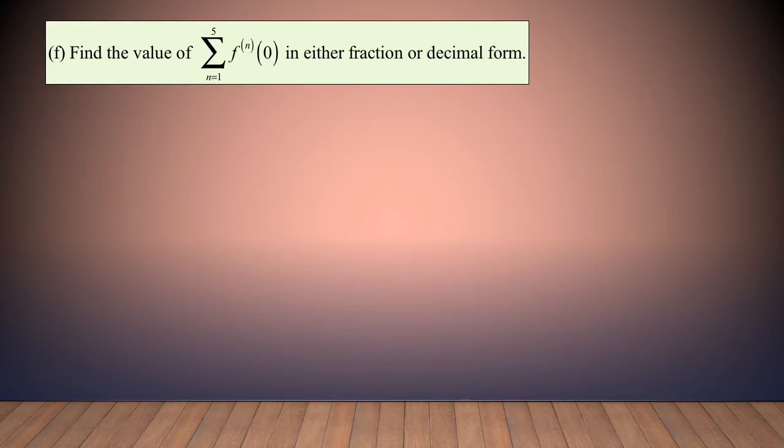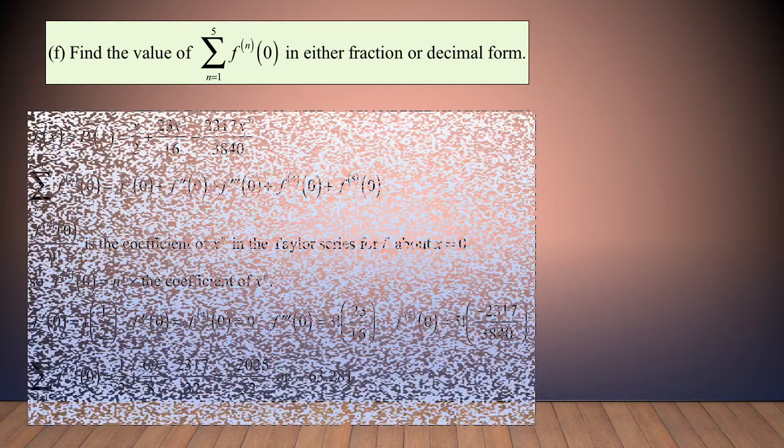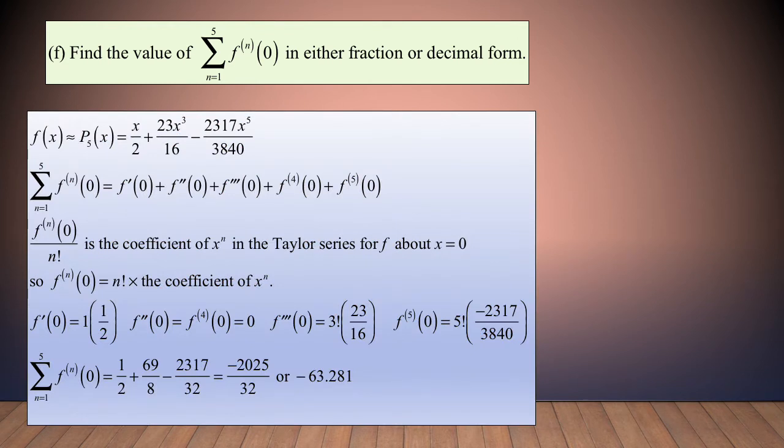F reads, find the value of the summation n equals 1 to 5 of the nth derivative of f at 0 and place it in either fraction or decimal form. Recall from Part E that f of x can be approximated by the fifth degree polynomial x over 2 plus 23x^3 over 16 minus 2,317x^5 over 3,840.